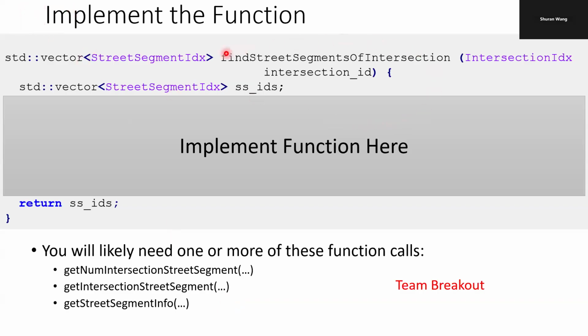Now let's implement this function together. So find street segments of intersection. Remember, we need to load this vector with the street segments connected to the intersection. So any ideas on how to start with this?